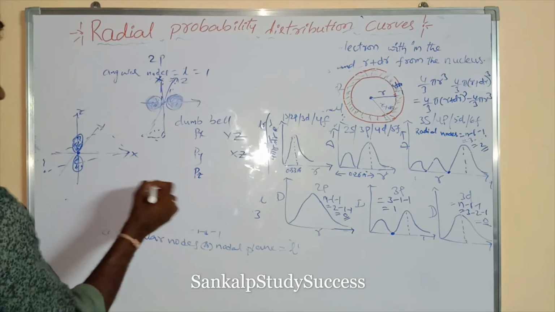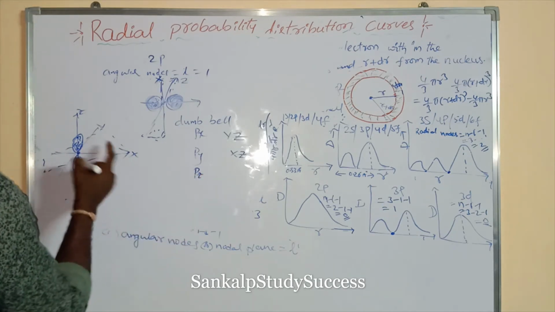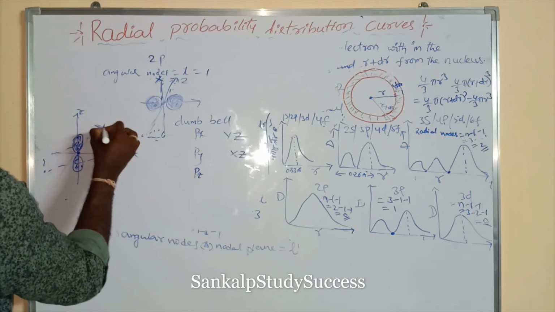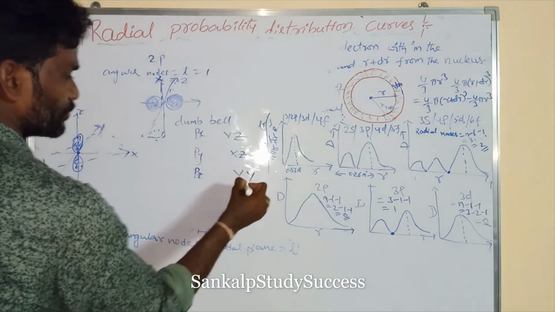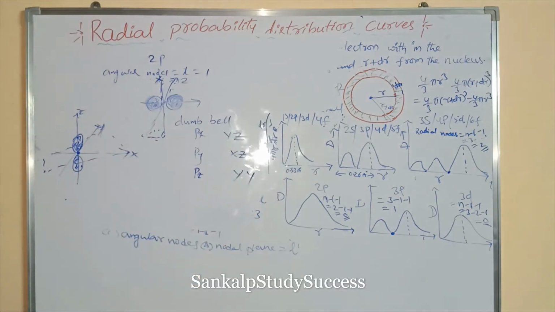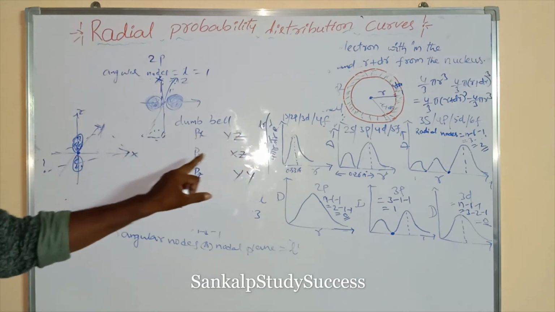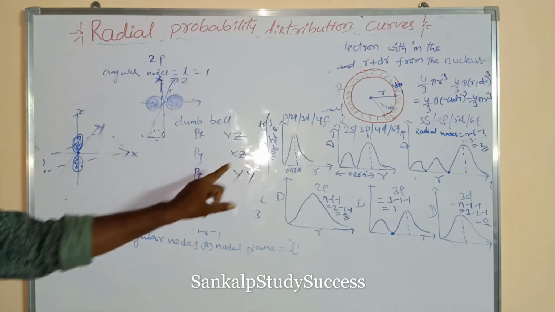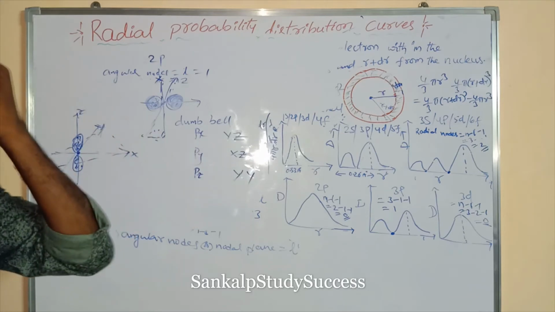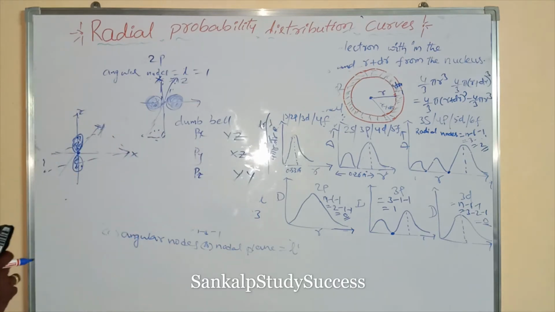So the pz orbital has one nodal plane, that is xy plane. So the nodal plane of px orbital is yz, the nodal plane of py orbital is xz, the nodal plane of pz orbital is xy.